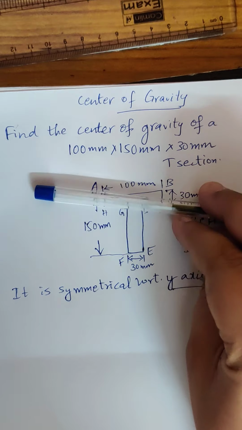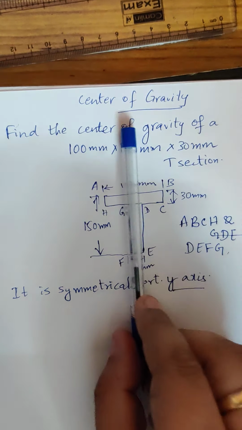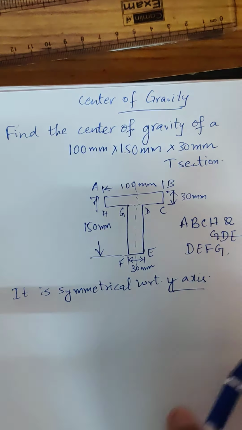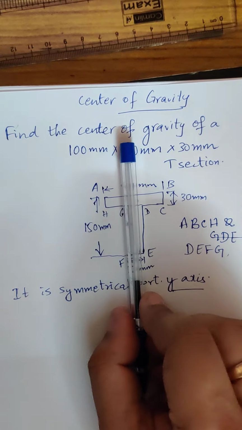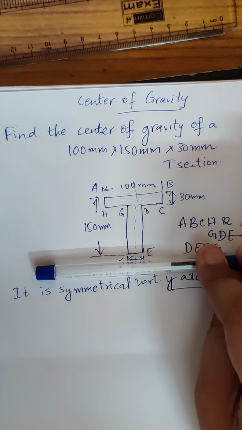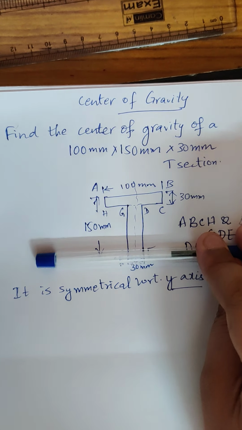Let me draw the axis of symmetry. It will be lying like this. So if it is with respect to y, axis of symmetry, we'll place our reference line with respect to x. So reference line with respect to x, we have to move like this.